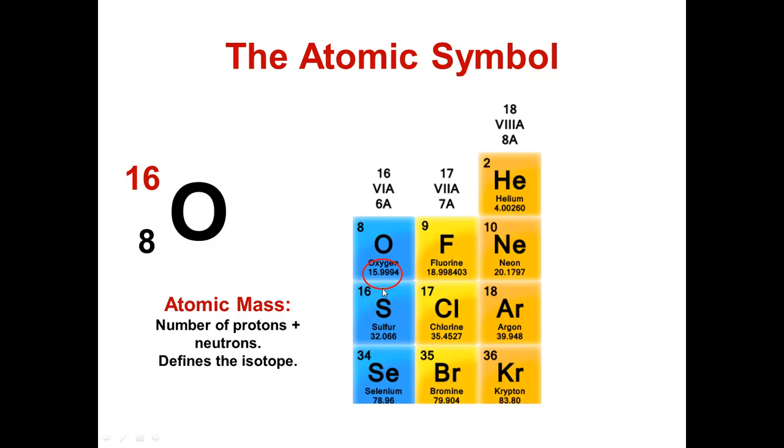This is also present on the periodic table, but you'll notice here that it says that the atomic mass of oxygen is 15.9994. That's because the number shown on the periodic table is a composite of all of the isotopes of that element that are present in the Earth. So here you can see that probably most of the isotopes of oxygen that are present have an atomic mass of 16, but some of them may have an atomic mass of 15 to make that average a little bit lower.